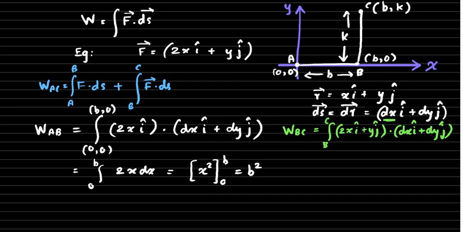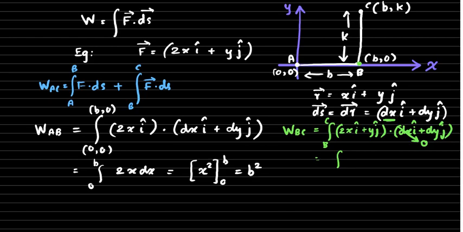So by observation we can see that as it vertically moves up from point B to point C, then the dx displacement happens to be 0. So here, as we take the dot product, there is not going to be any x variable, only y variable is going to be there. So we get integration.